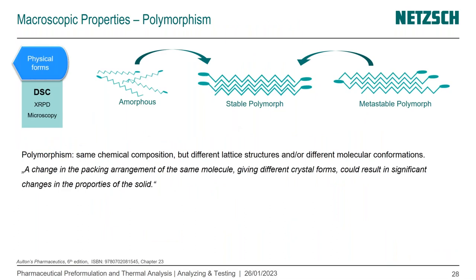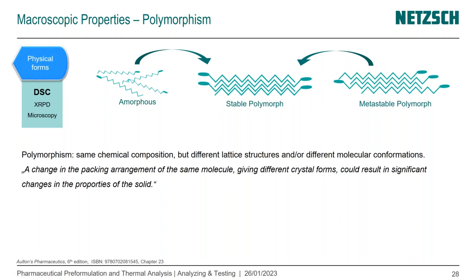Talking about these lattices, I said that when we have amorphous material, the molecules are not arranged at all, and we have the crystal lattices. When this crystal lattice is in its lowest energy state and it's thermodynamically stable, when all these molecules are well aligned, then we will have the stable polymorph.